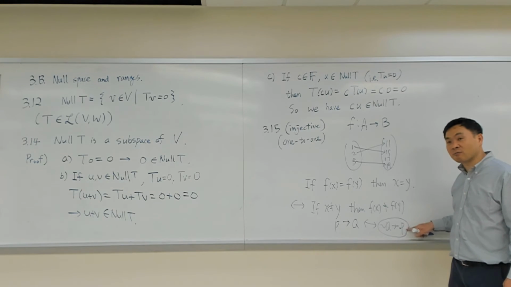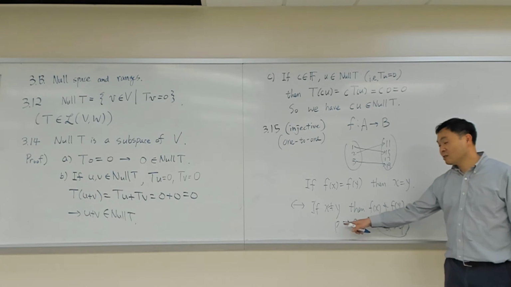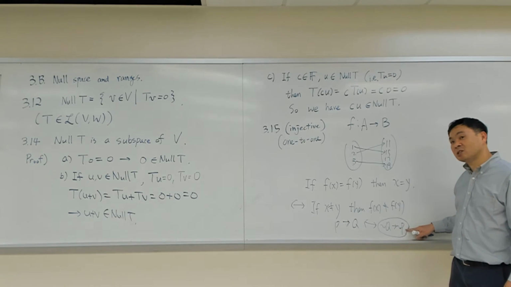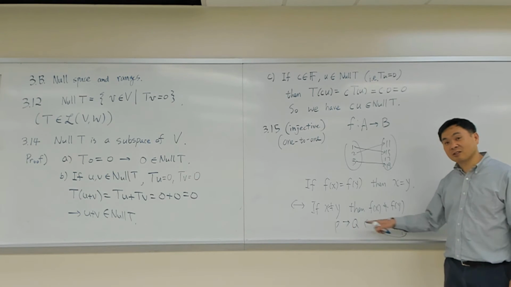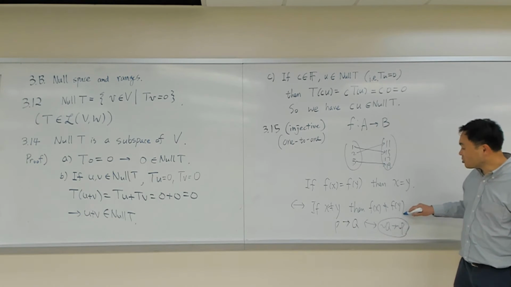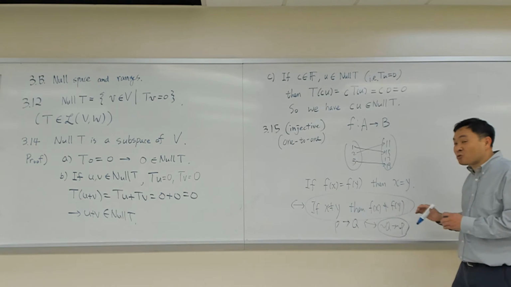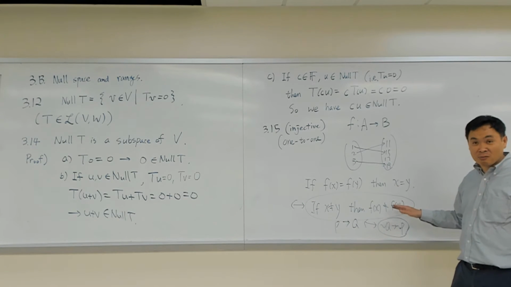Or there's a name for this. What's the name for this? If you have P implies Q as the original statement, this is called the contrapositive of the original, right? So this is really the definition in the true spirit of what injectivity means.